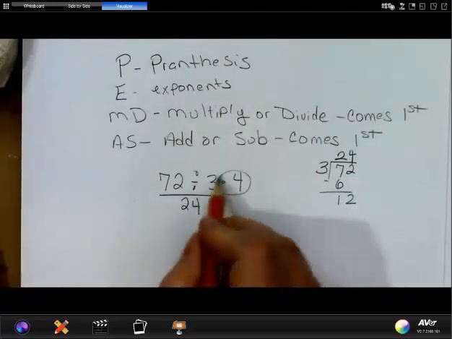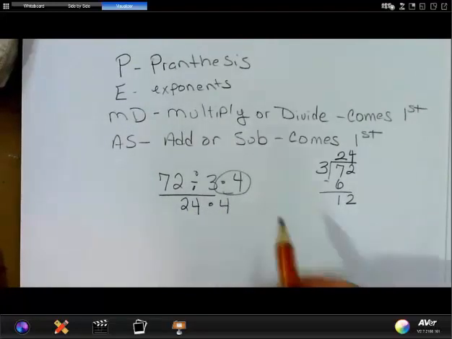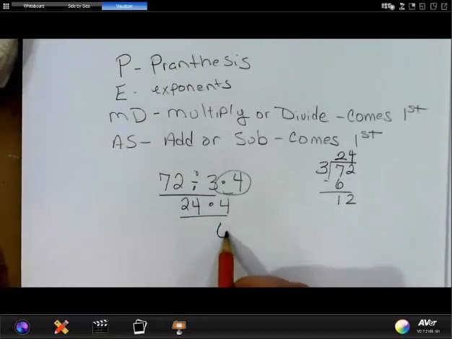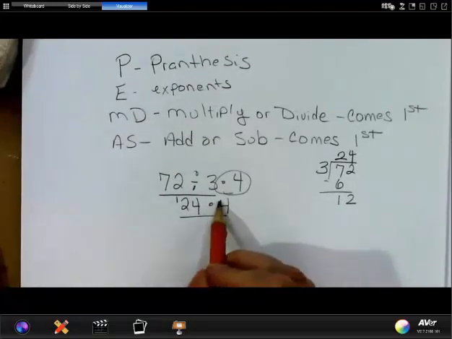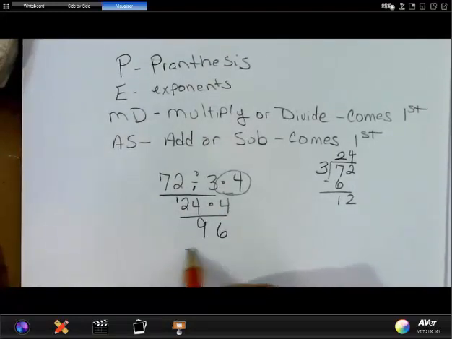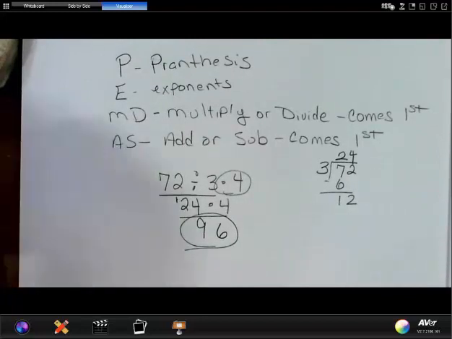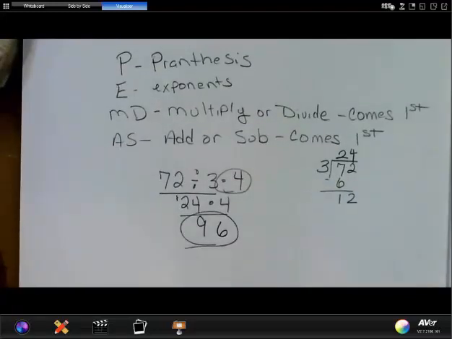And then bring down what's left over, times 4. 24 times 4, 4 times 4 is 16. Carry the 1, 4 times 2 is 8, plus 1 is 9. So you'd get 96. So just remember the Please Excuse My Dear Aunt Sally.